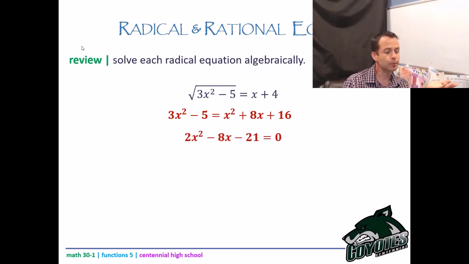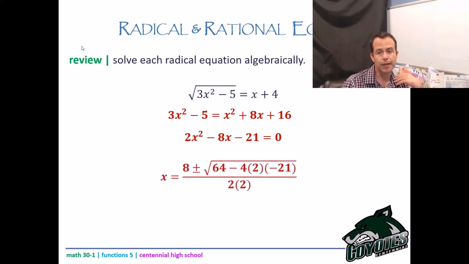If this was factorable, I'd be looking for 2 numbers that multiply together to give me negative 42, 2 times negative 21, and add together to give me negative 8. If I go through the factors of 42, none of those are going to give me the negative 8 that I want, which sends me to the quadratic formula. Okay, so x equals negative b plus or minus the square root of b squared minus 4ac all over 2a.